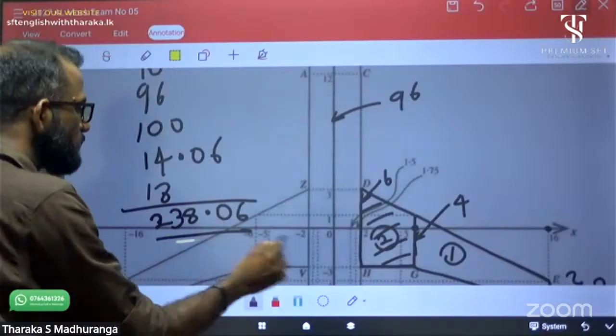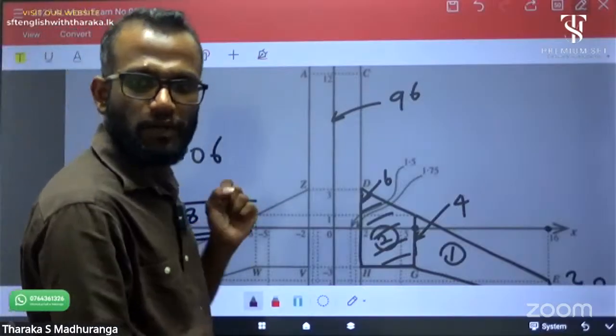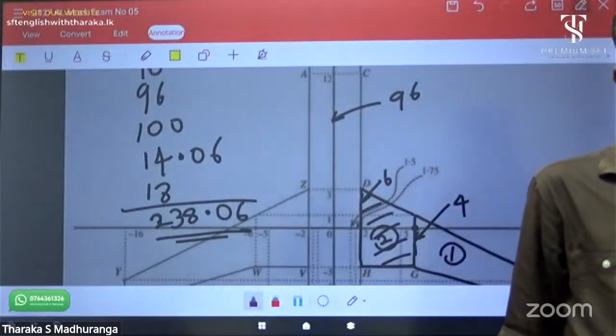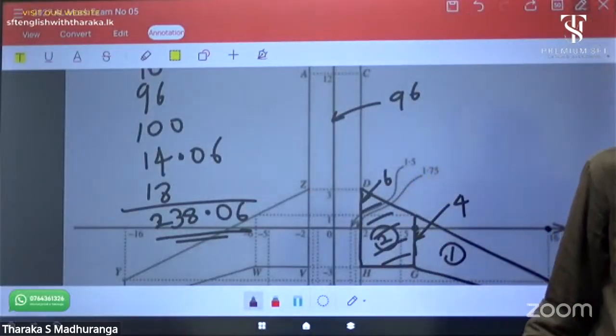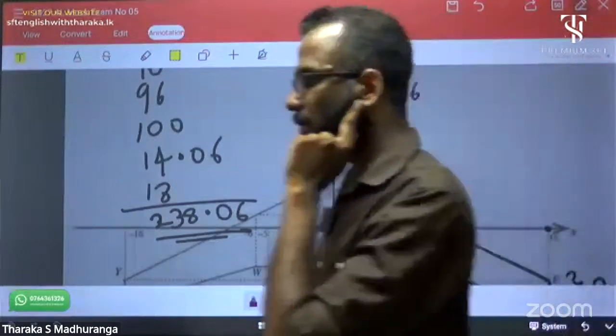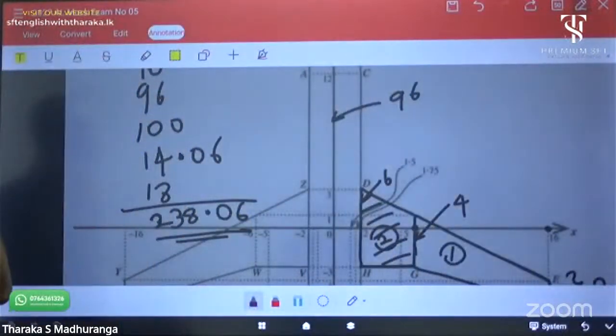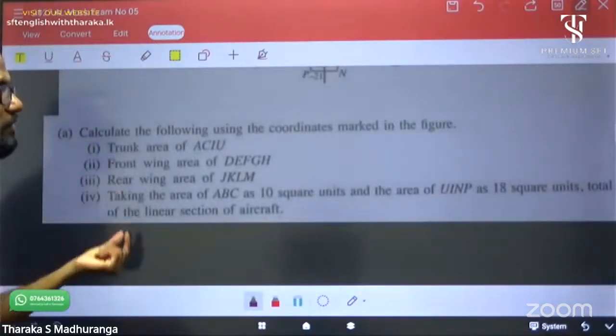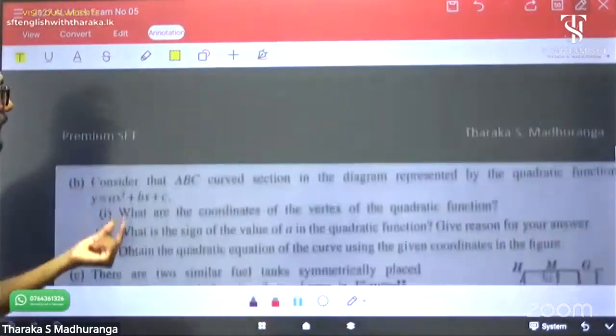Am I correct? 238.06 square units. Okay, that is the answer for part A.